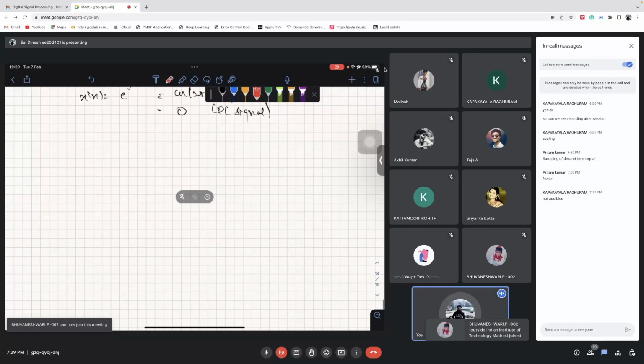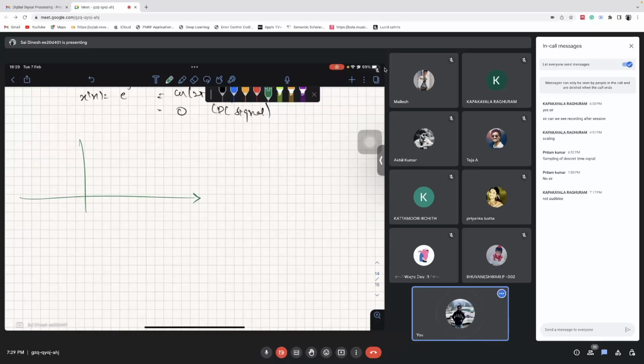So in the continuous time case, there is no such thing as repetition. It can be increasing, decreasing, it can be random, the signals which we have. There is no such case, so you have to store everything.